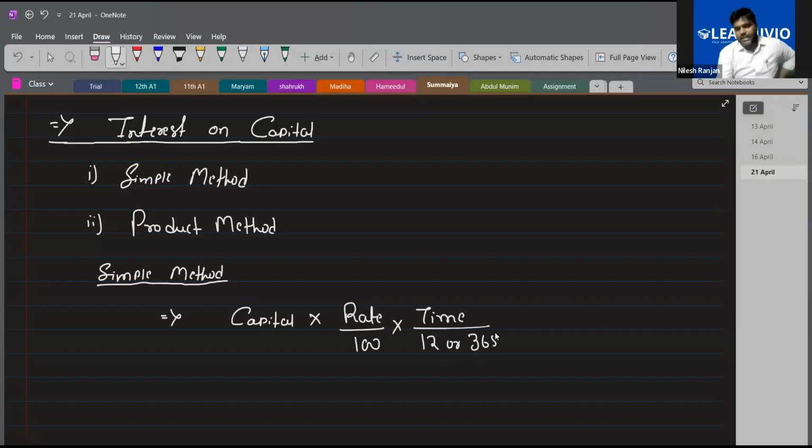Sometimes days are given in the question, so in that case you have to use 365. But if it is months, then we'll use 12. Now, this is the simple method.